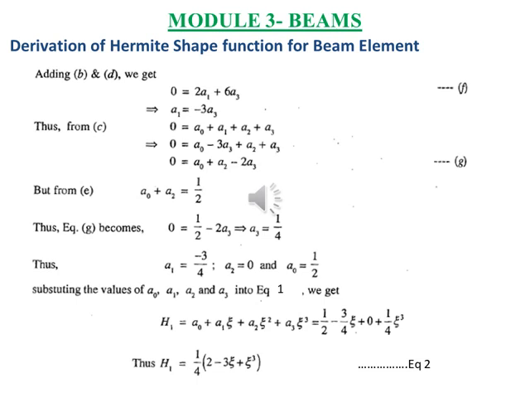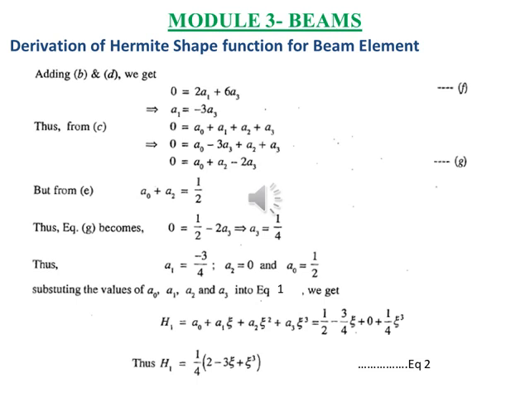So a0 plus a2 is equal to half. Thus equation G becomes 0 is equal to half minus 2a3, hence a3 is equal to 1 by 4. Similarly, a1 we can reduce as minus 3 by 4, a2 is 0 and a0 is 1 by 2.